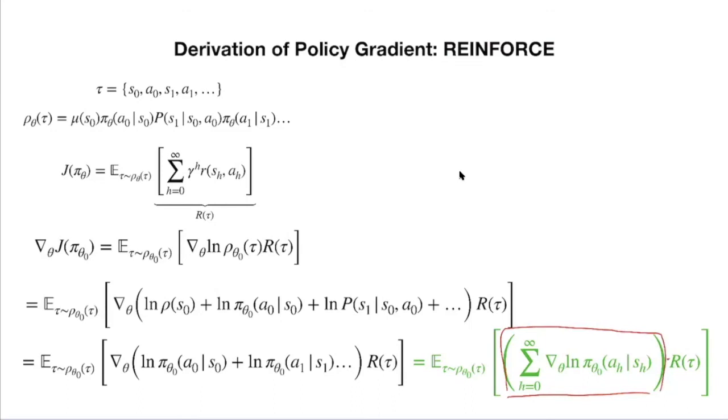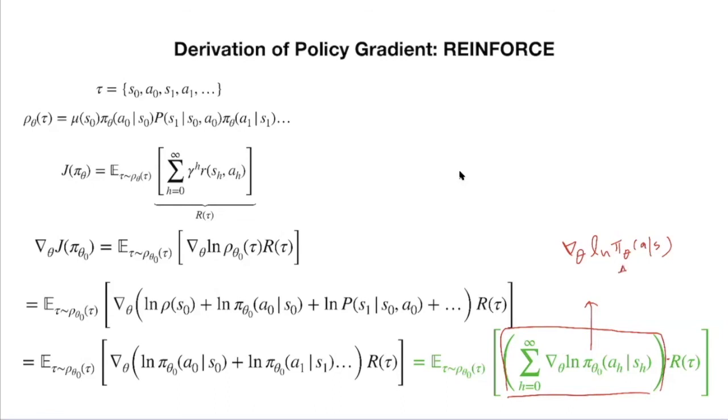Why is this expression nice? Because we parameterize the policy, and evaluating the gradient of this log policy at a particular state-action pair is doable. You just implement this parameterization in TensorFlow, add a log on top of it, and call the backpropagation function. You're done. For logistic regression, we know we can compute the gradient by hand, because this is a function we control.